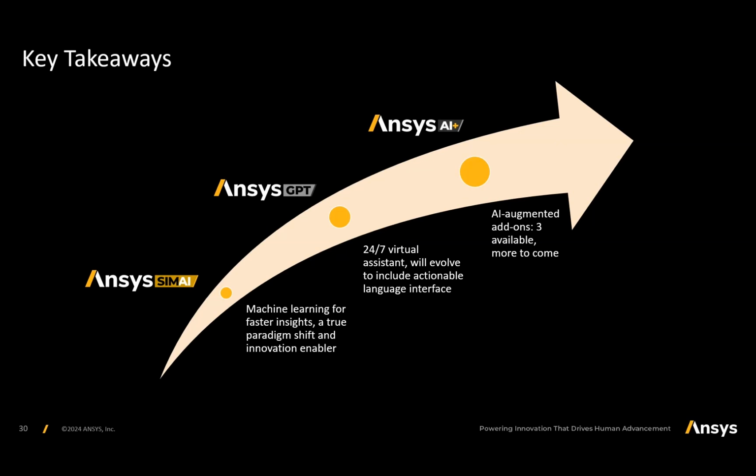ANSYS GPT will provide you with 24/7 assistance and will evolve to include an actionable language interface where you can directly interact with the solvers in the same way. ANSYS AI+. Now, we continue to leverage this technology to enhance the capabilities of our products.